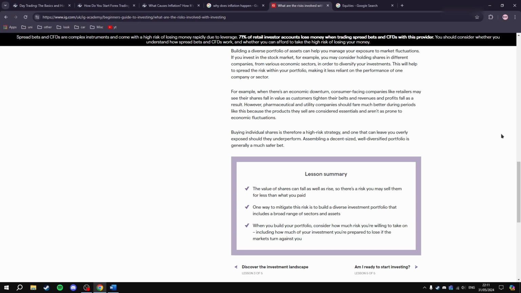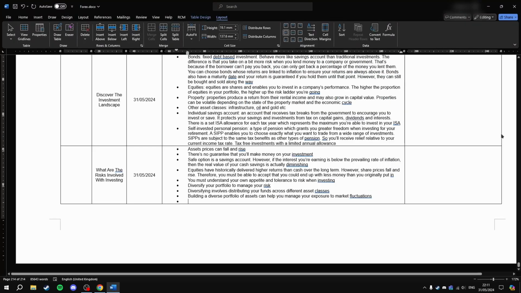If you invest in the stock market, for example, you may consider holding shares in different companies from various economic sectors in order to diversify your investments. This will help to spread the risk within your portfolio, making it less reliant on the performance of one company or a sector. So even within the same asset classes, there are still methods to diversify your investments.